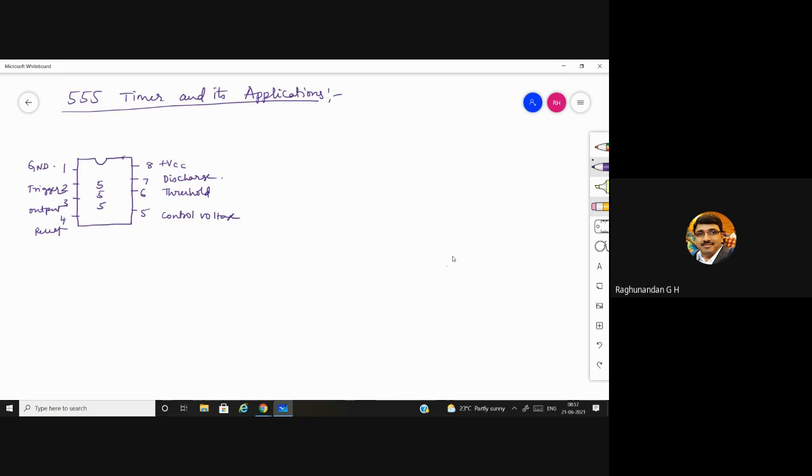Astable multivibrator, monostable multivibrator, bistable multivibrator. These are the different types of multivibrators which are going to generate oscillations by using the 555 timer IC. And also we have the op-amp based RC phase shift oscillator, op-amp based Hartley oscillator, Colpitts oscillator, and even Wien Bridge oscillator.